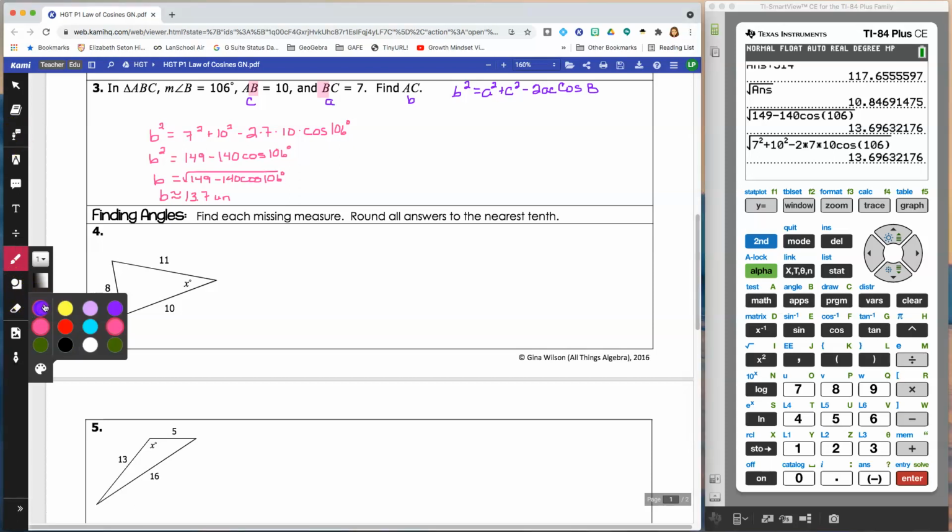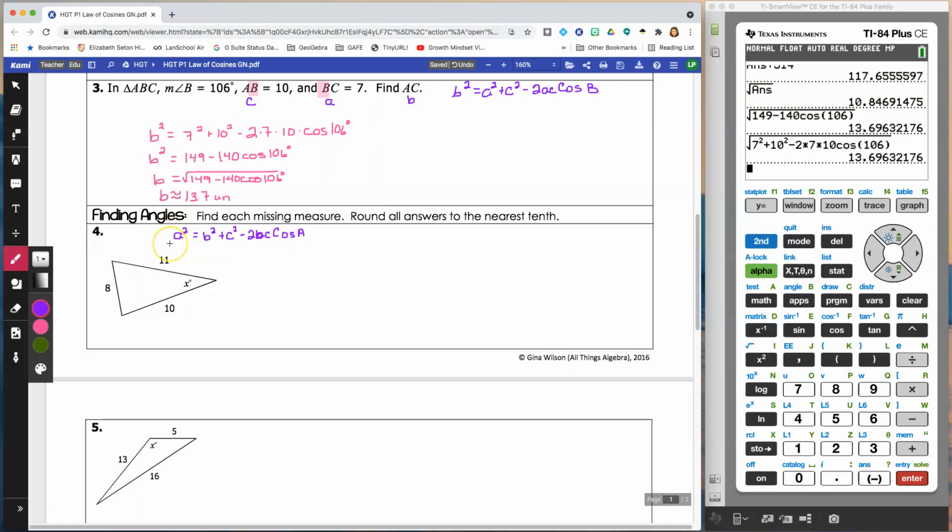It says that a squared is equal to b squared plus c squared minus 2 times b times c times the cosine of angle A. So a squared equals b squared plus c squared minus 2bc times the cosine of A. Well, that's great if I'm trying to find a squared.